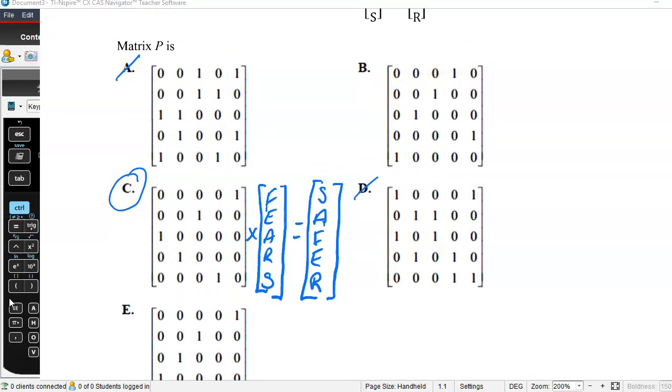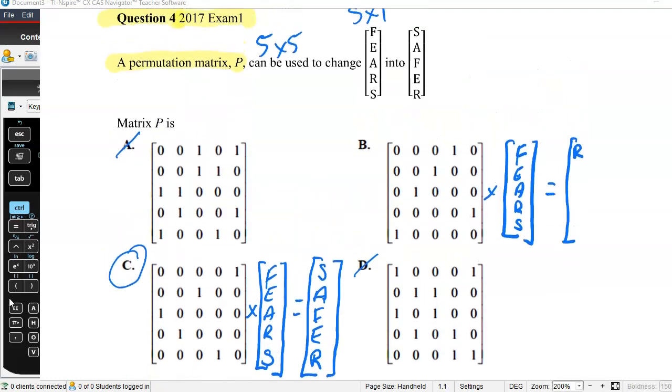Go through and have a look at this. B, you can see, that's the fourth one. So if we were to times it by, fears, very badly written, but you can see that the first one there is R, isn't it?